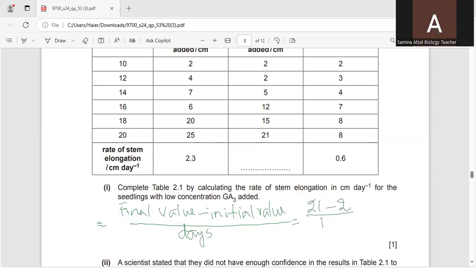We will divide by the days, which are 10, since from 10 to 20 there are 10 days. So 19 divided by 10 is equal to 1.9. So the value is 1.9. This is the way to find out the rate of stem elongation.